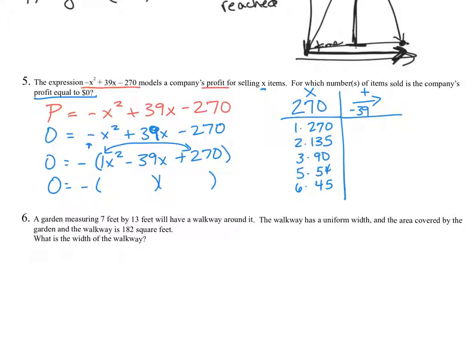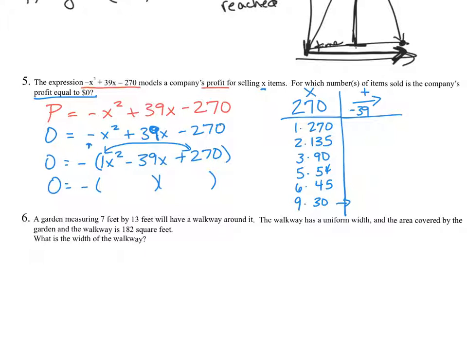Getting closer. Okay, well it looks like 9 and 30 will give us 39.